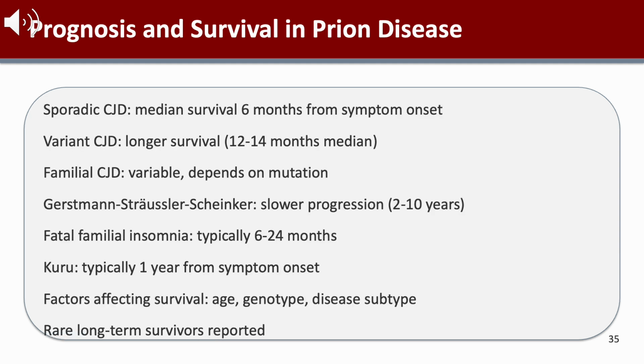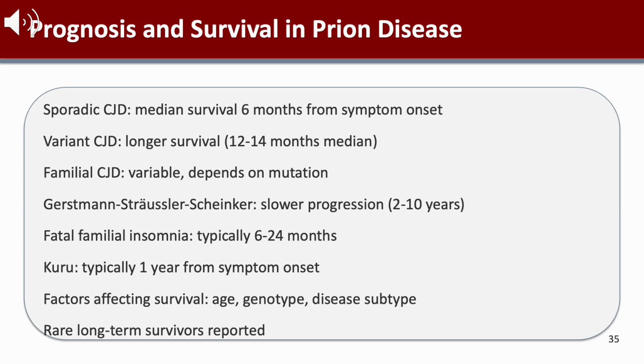The prognosis of prion disease is generally poor, with rapid progression and high mortality. Sporadic Creutzfeldt-Jakob disease has a median survival of approximately 6 months from symptom onset, though some patients survive longer. Variant Creutzfeldt-Jakob disease has a somewhat longer median survival of 12 to 14 months.